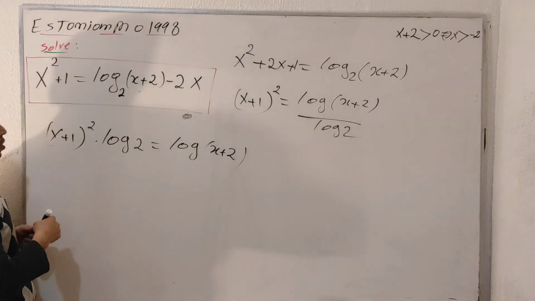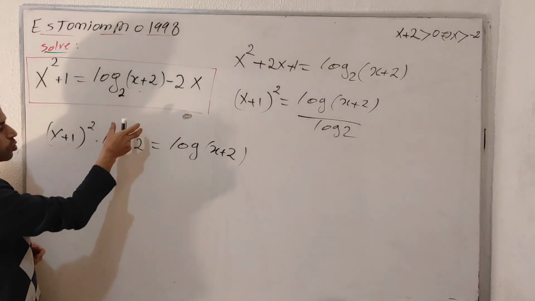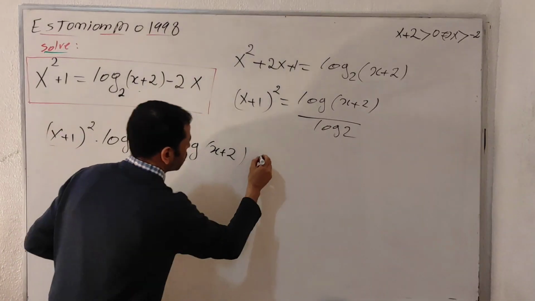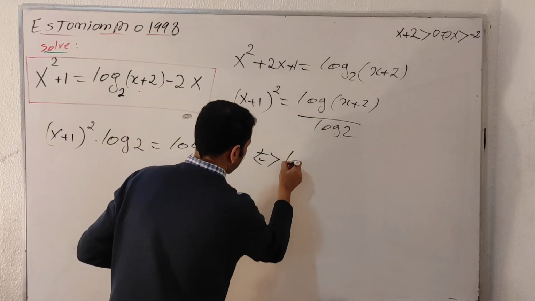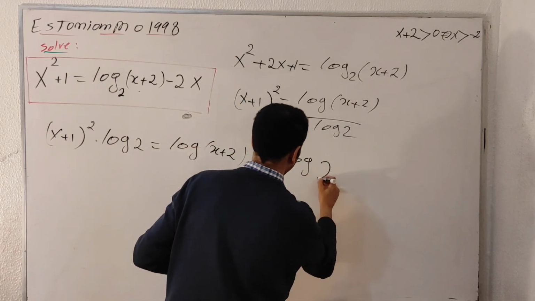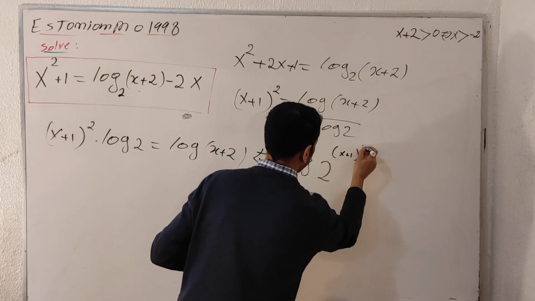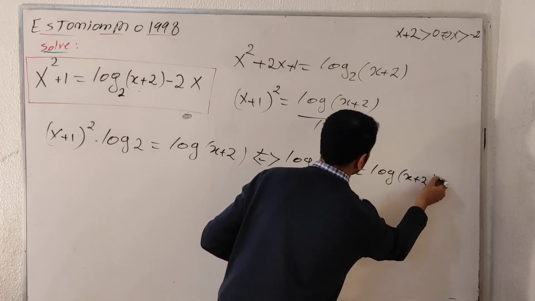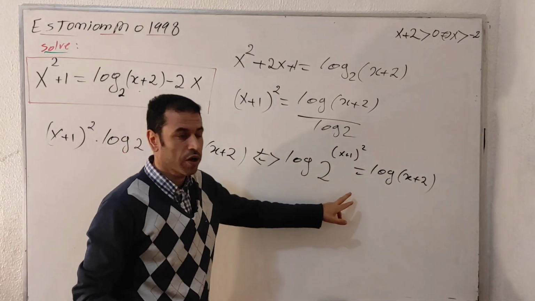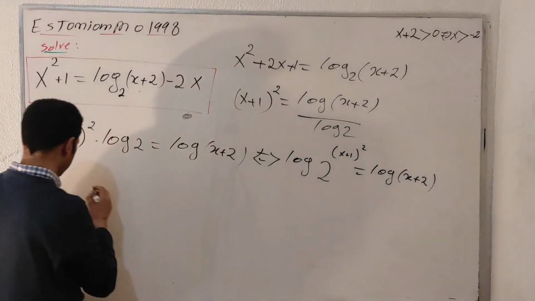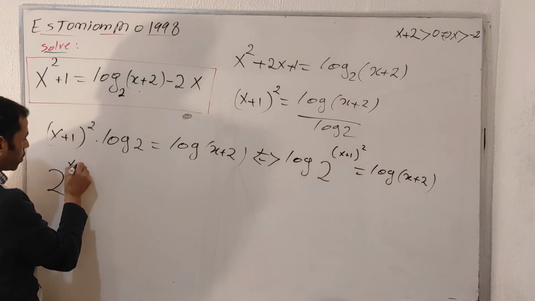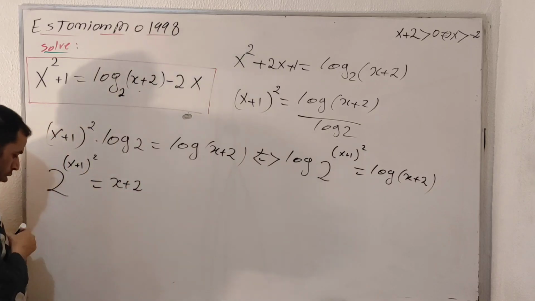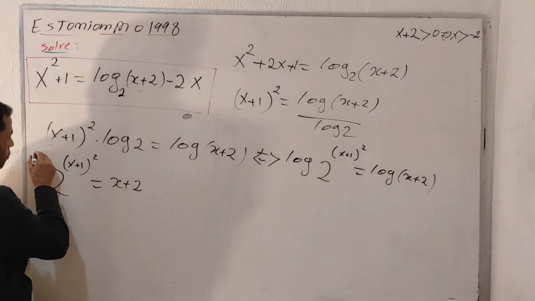Bringing this back to the original form, I get log of 2 to the power (x plus 1) squared equals log of (x plus 2). By eliminating the log function from both sides, I will get 2 to the (x plus 1) squared equals x plus 2. So I have ended with this expression.